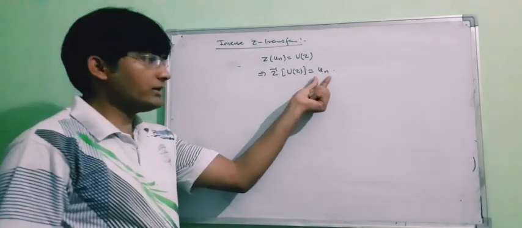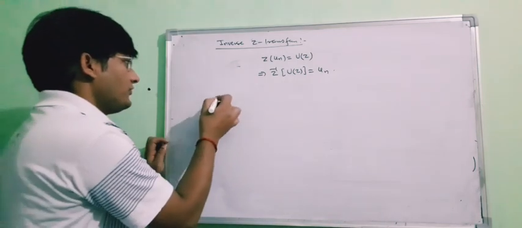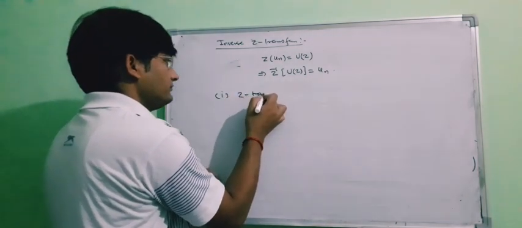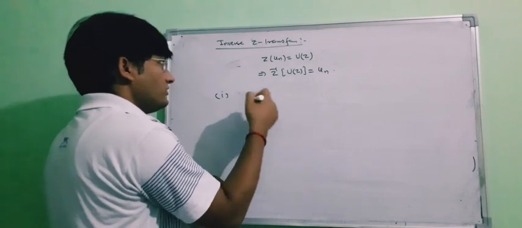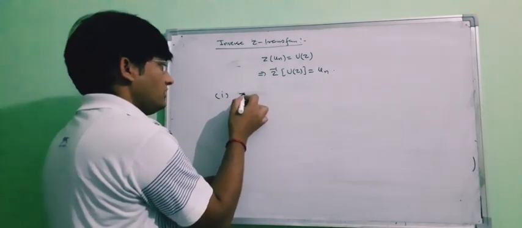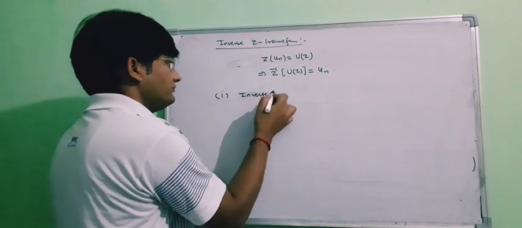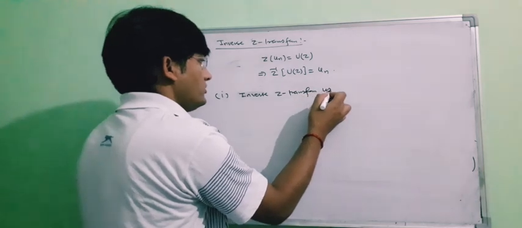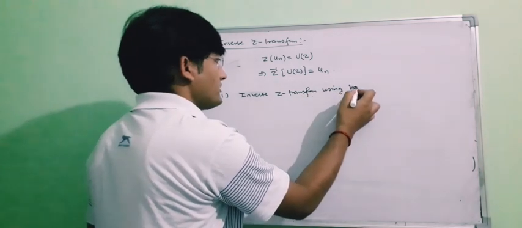So we have to evaluate the sequence un. Now first method is inverse Z transformation using partial fraction. Inverse Z transform using partial fraction.